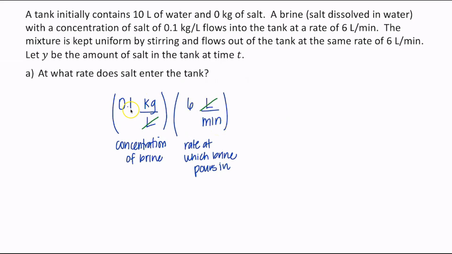The value is 0.1 times 6, so we have 0.6 kilograms per minute as the rate at which salt enters the tank. We're multiplying the concentration of the brine, the amount of salt in every liter, times the liters that come in per minute, and that gives us how much salt is pouring in, in kilograms per minute. This is the entering rate.